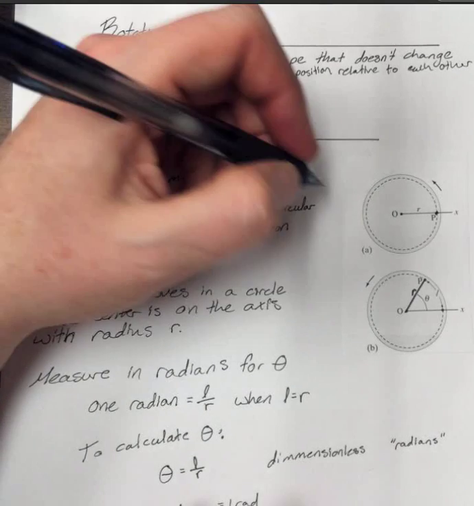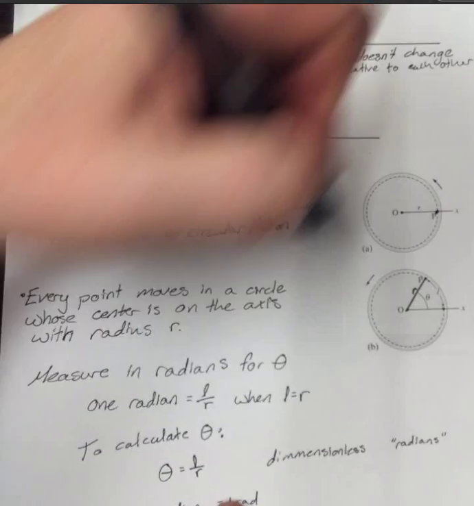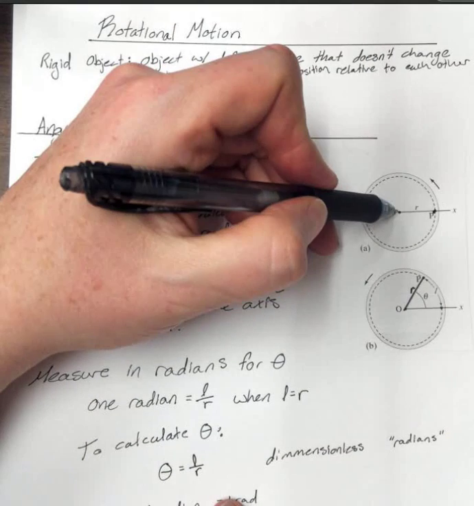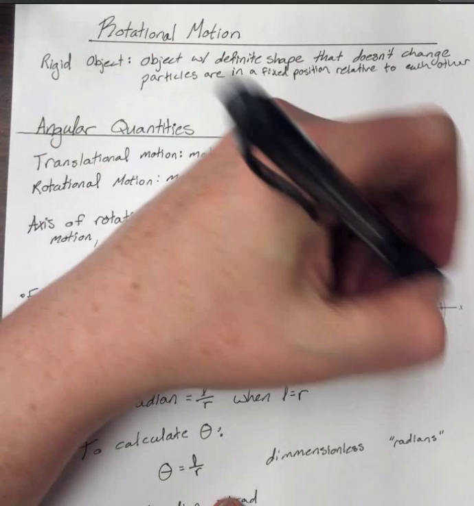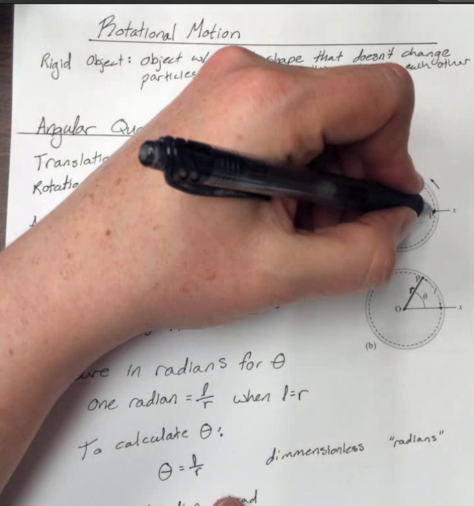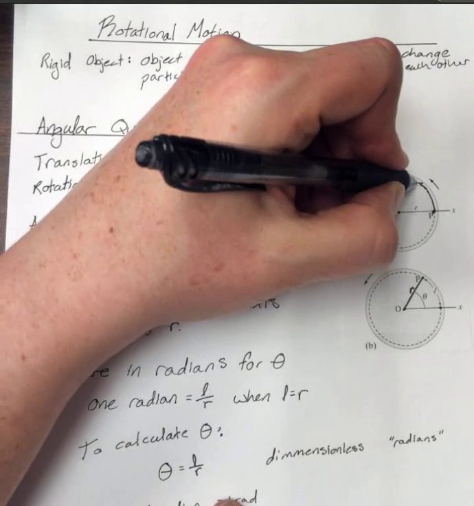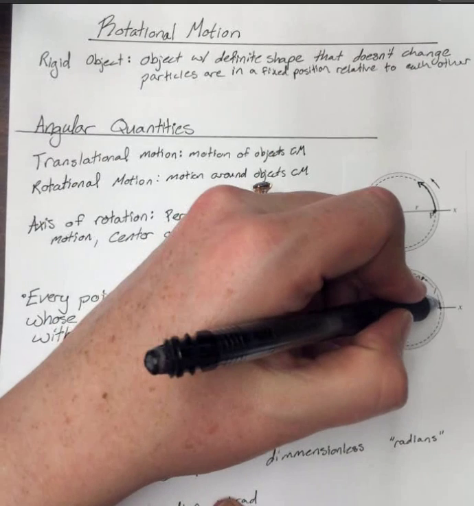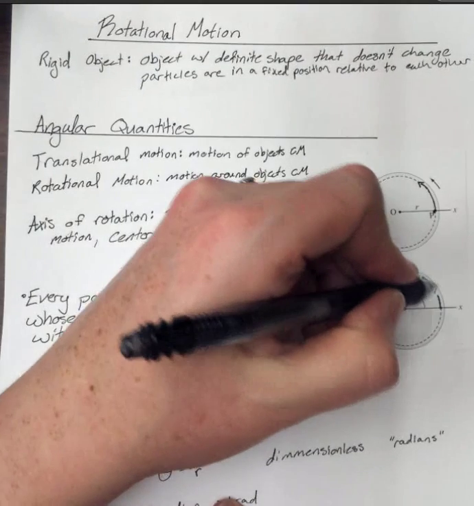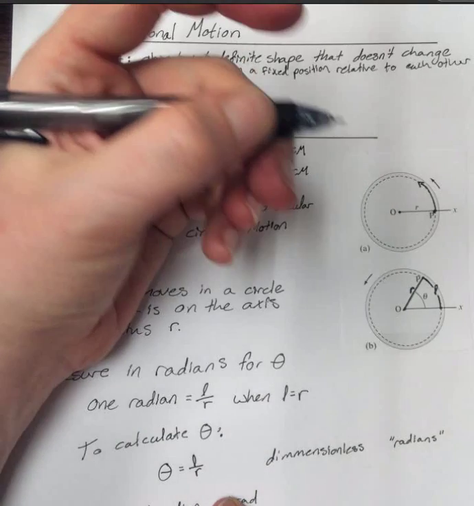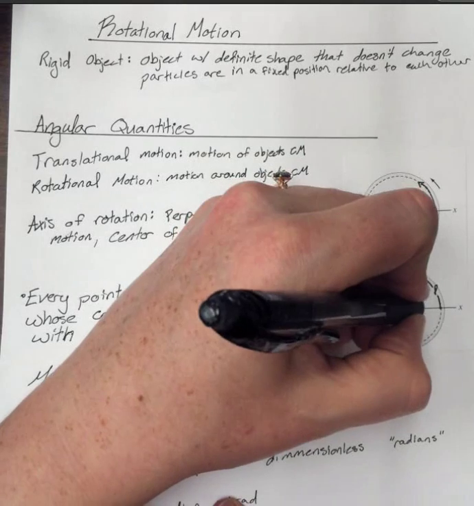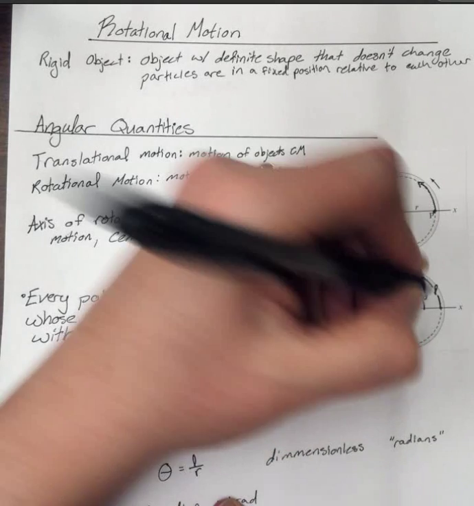So you've got this point P on an object that rotates around the center, the axis of rotation. If we take point P and we rotate it upward, it will cover an arc length L. And remember, it has a radius R. And if it does that, it will cover a displacement theta.